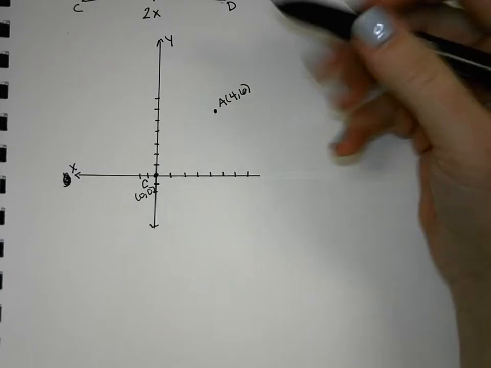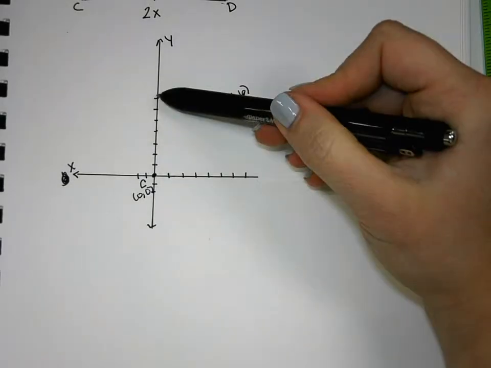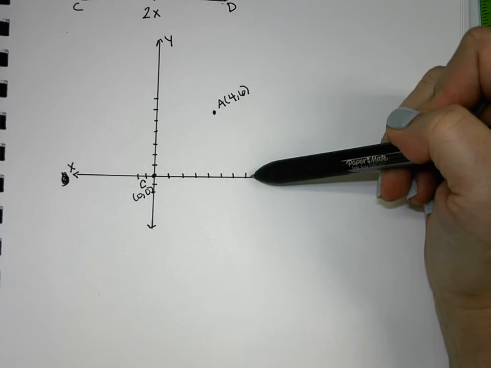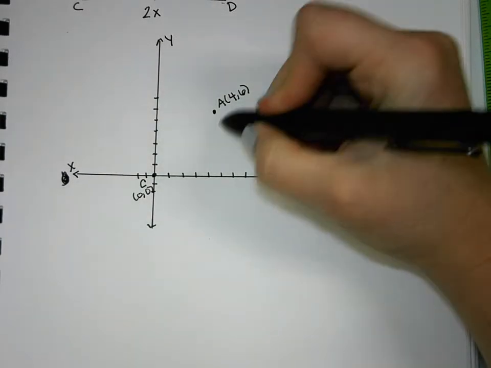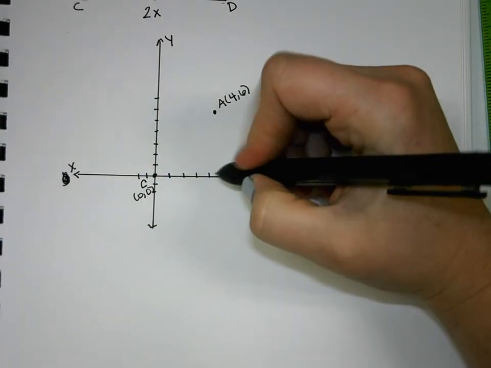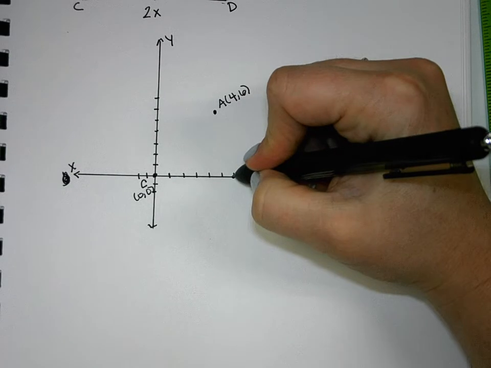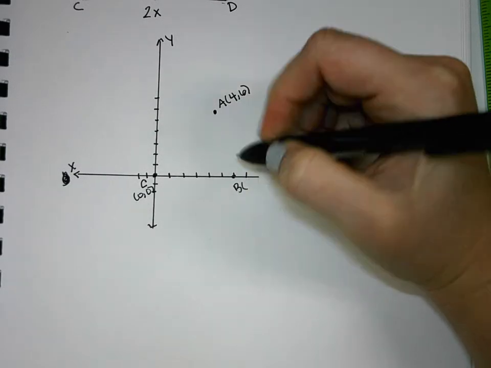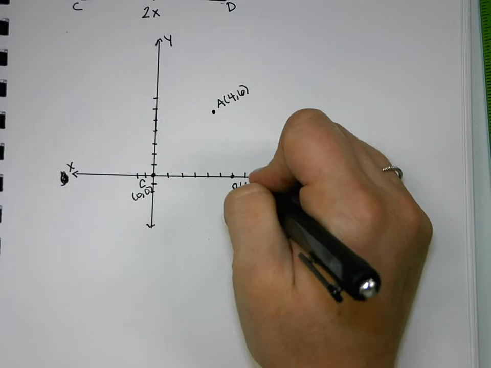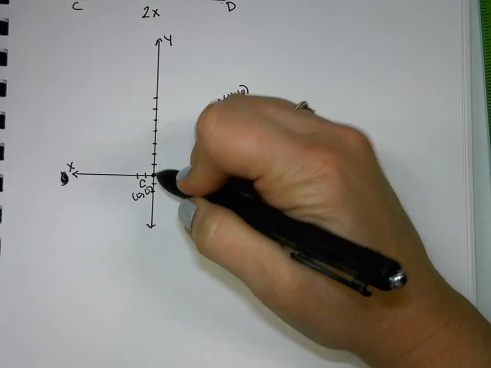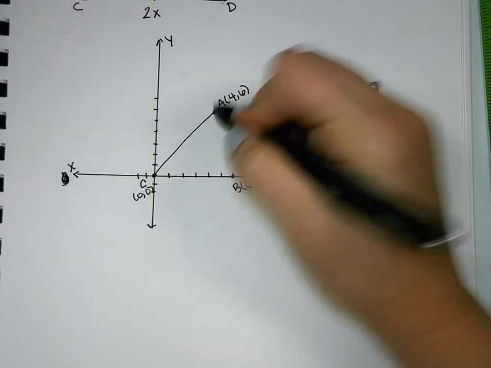So what I've done was I made it 7 going up on the y, 7 going out on the x. And I'm plotting my 3 points that are going to make my triangle.